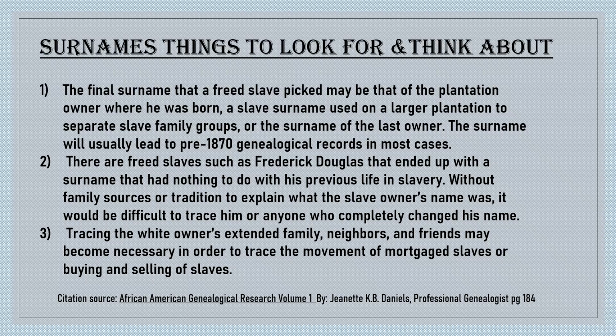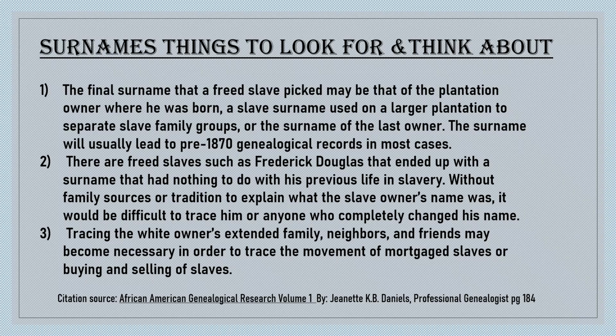So she says, number one, the final surname that a freed slave picked may be that of the plantation owner where he was born, a slave surname used on a larger plantation to separate slave family groups, or the surname of the last owner. The surname will usually lead to pre-1870 genealogical records in most cases.